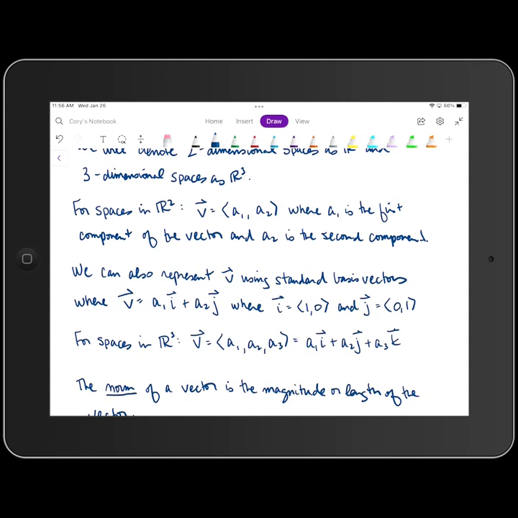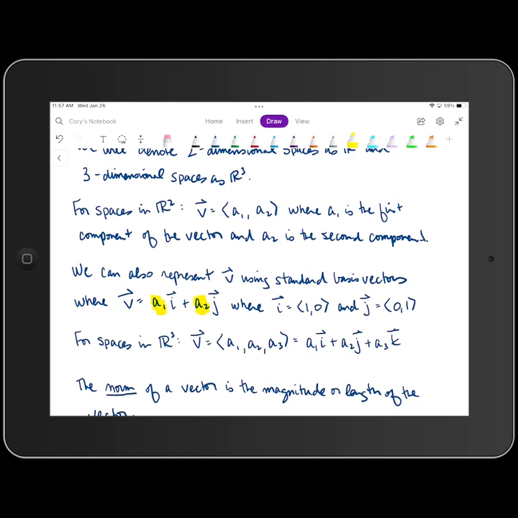When you look at a sub 1, that is what is called, with vectors, a scalar, something that you multiply a vector by. A sub 2 is also a scalar. And then we are going to let vector i be the vector with first component 1 and second component 0, and vector j be the vector with first component 0 and second component 1.